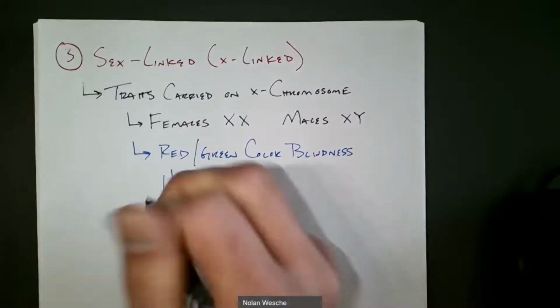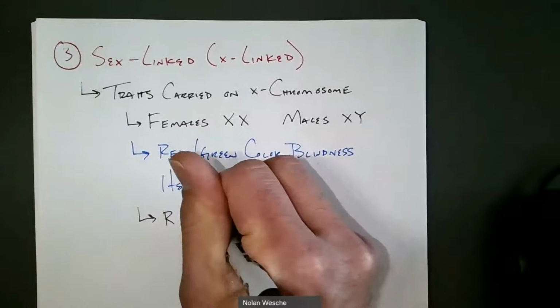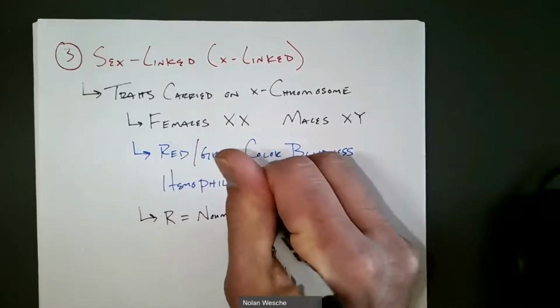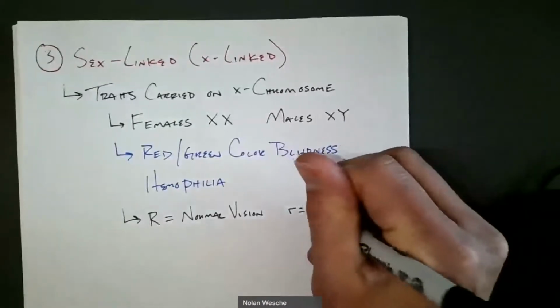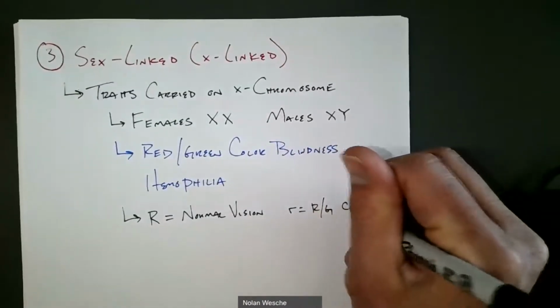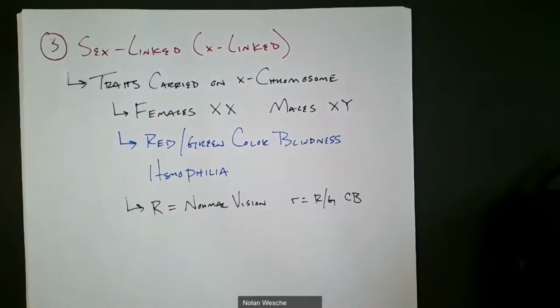So let's give this a look. Let's say that a big R is normal vision, and a little r is red-green color blindness.